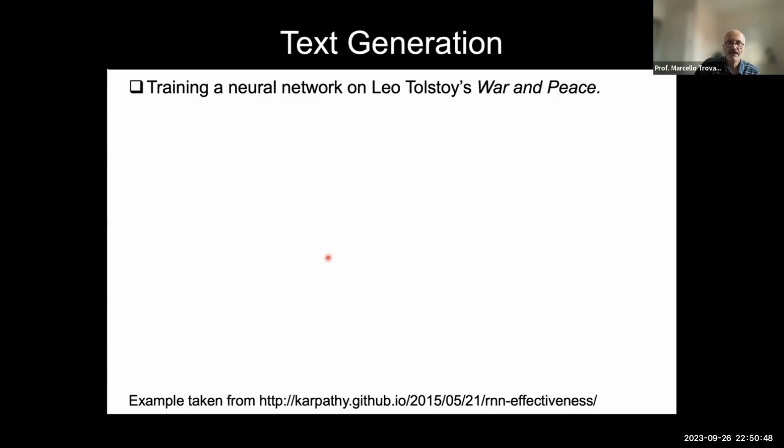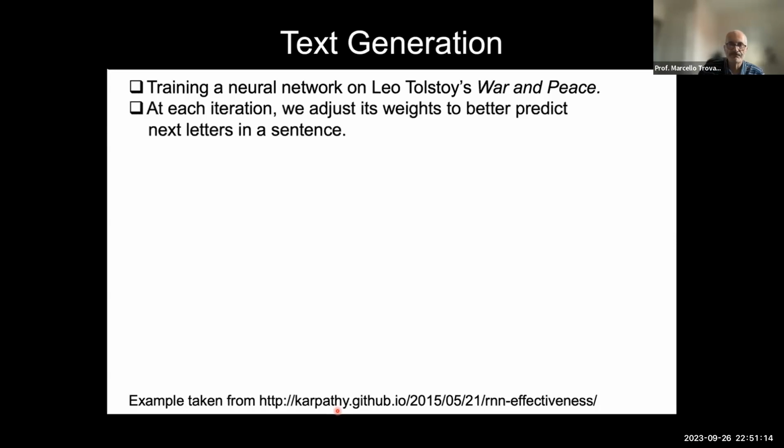Right. Let's look at an example, then I'll show you some of the coding examples. That's actually a real example. If you look at this, you can go to this link and see for yourself. Let's suppose I want to train a neural network to create some text based on Leo Tolstoy's War and Peace.